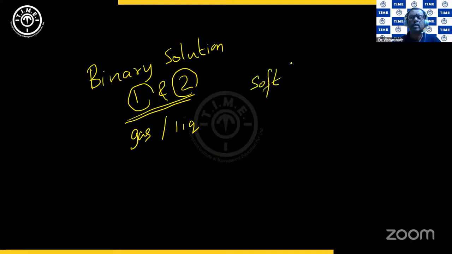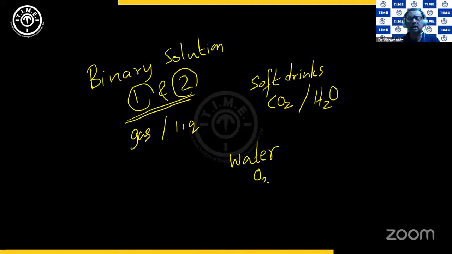Now, in this binary solution, we said that we can deal with a gas dissolved in a liquid. So one of these components is a gas, the other component is a liquid, and the gas is dissolved in this liquid. For example, soft drinks have got the gas carbon dioxide dissolved in water. Similarly, all water that is above the ground has got oxygen dissolved in it.